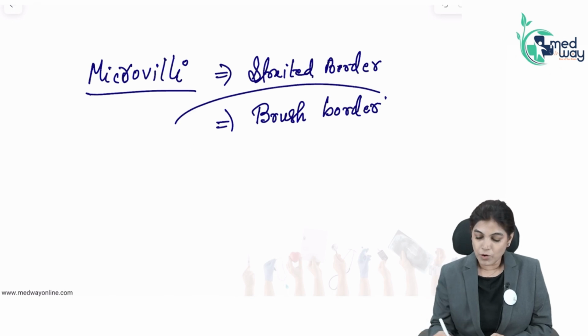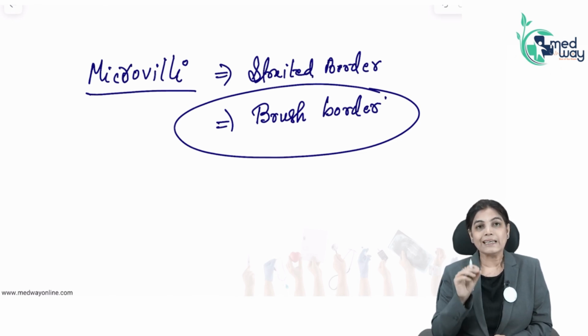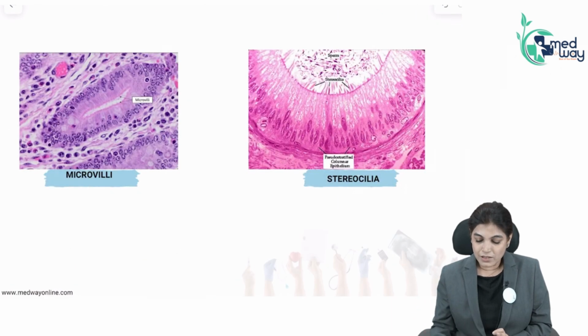And if we talk about brush border, brush border microvilli have an irregular arrangement, and it is present in PCTs and also in the gallbladder lining epithelium. So striated means equal distribution, a regular pattern of arrangement of microvilli. Let me show the example here.